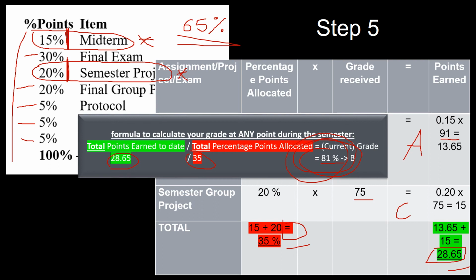So again, my philosophy is, if you do sign up for courses that have a lot of assignments, such as this one, it is totally beneficial for you, because if you have a lower grade on one of the assignments, there is still so much left that you can really pull your grade up. As in this example, you got a C, right, on the semester project.